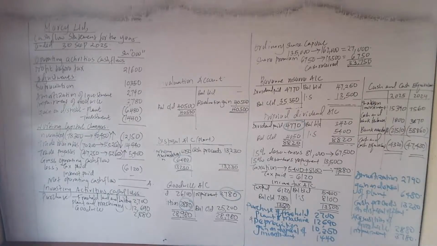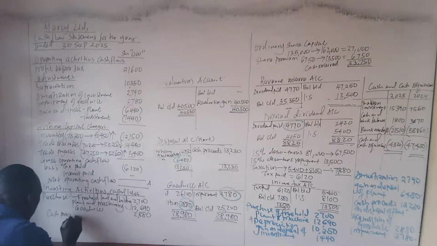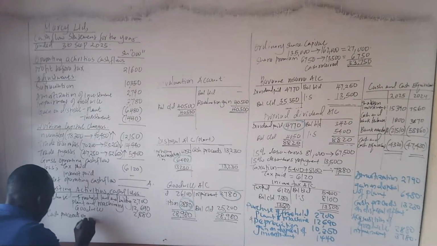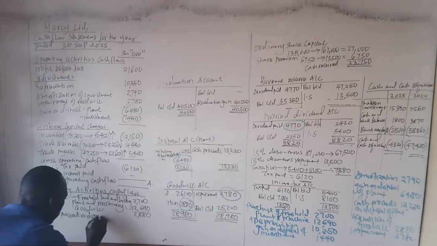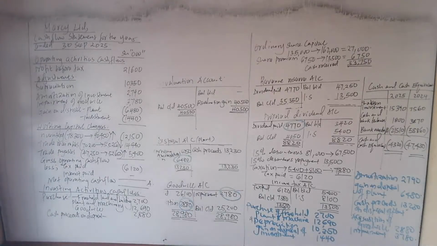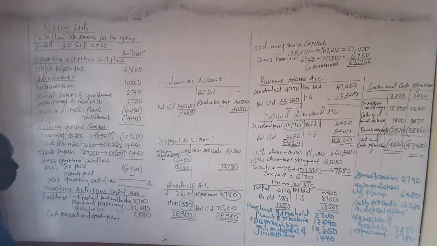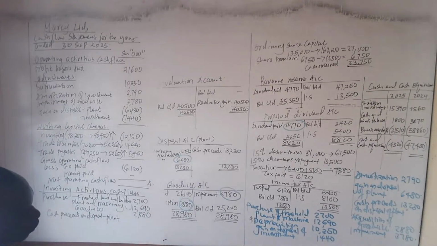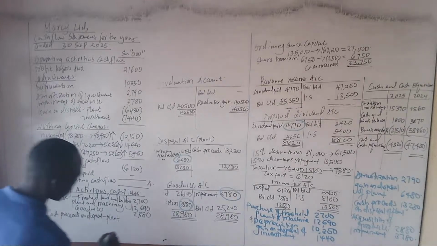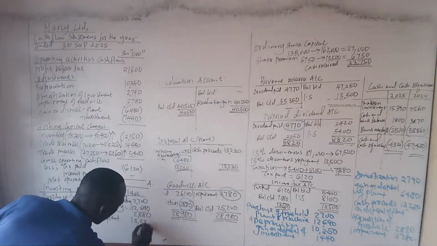Then we had the cash proceeds on disposal. Also, what do we dispose? We disposed of a plant, and once we disposed of a plant, we got cash proceeds on disposal of plant of 13,230.